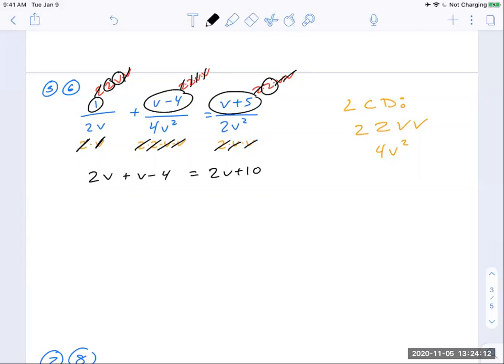So we solve this. Combine like terms. Subtract the 2V.